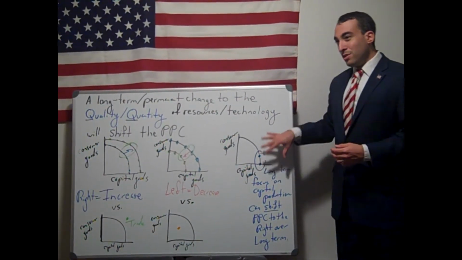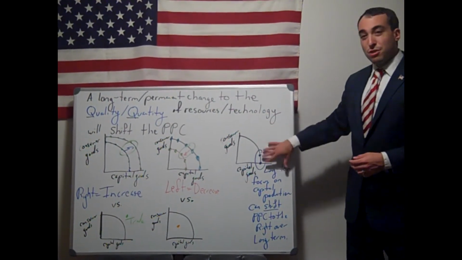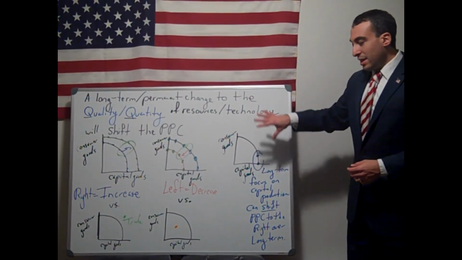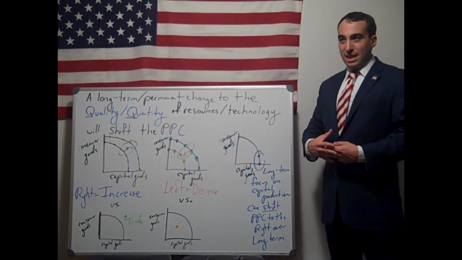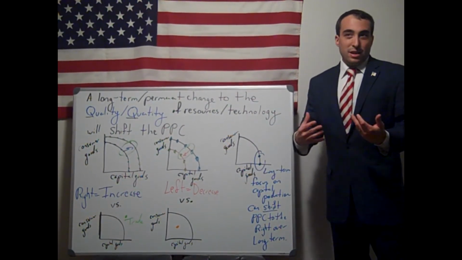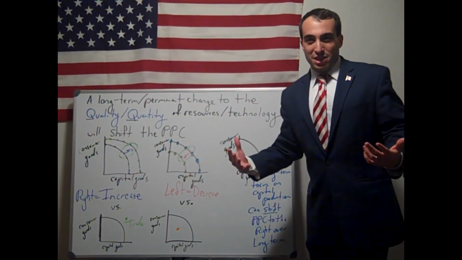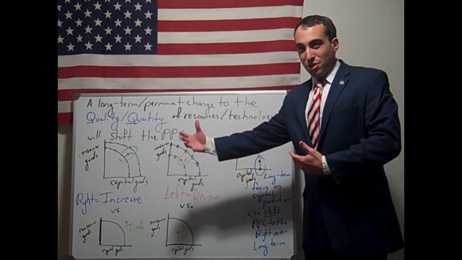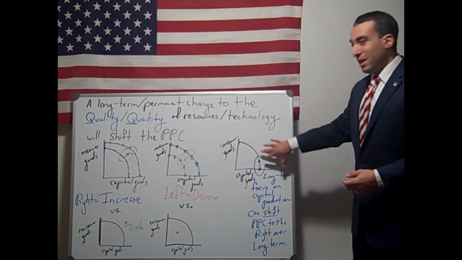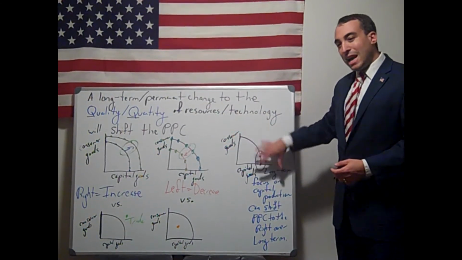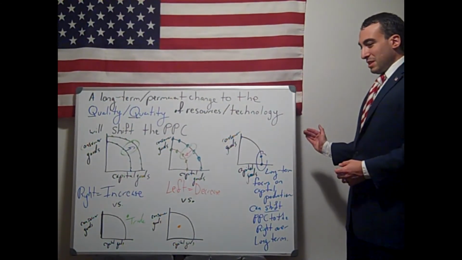Over a long period of time, if there is a general focus on capital goods, because capital goods tend to transcend society, like the internet was originally a military invention and then became a consumer good, that can shift the entire PPC.